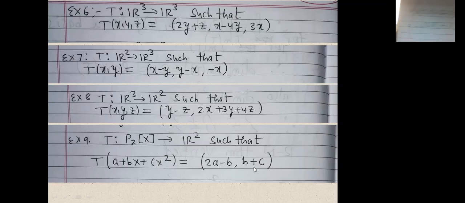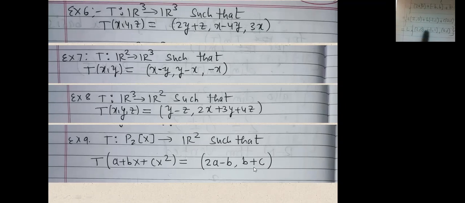Okay, so now it is your choice to take any two vectors from this set. You might take (-1, 1) and (0, 1) and express these two vectors as the linear combination of this.